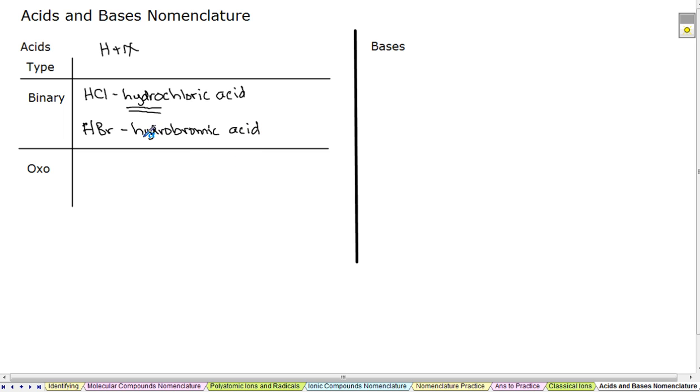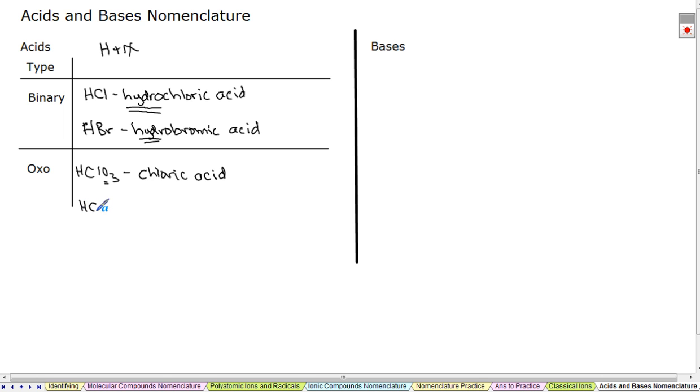All right. So again, we use the prefix hydro. Whereas an oxo acid like this would be just called chloric acid. So again, an oxo acid means we've got a whack of oxygens.